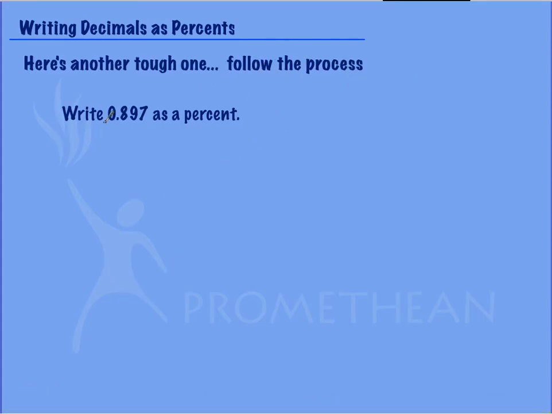Okay, so here's another tough one. Still follow that process. So this is where changing it to a number over 100 will be a little bit complicated, because now you have 897 over 1,000, because it's 897 thousandths. So when you divide this by 10 to get it down to 100, dividing by 10 moves the decimal once to the left.